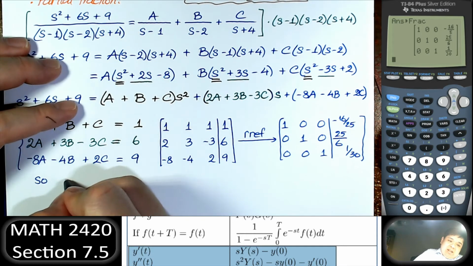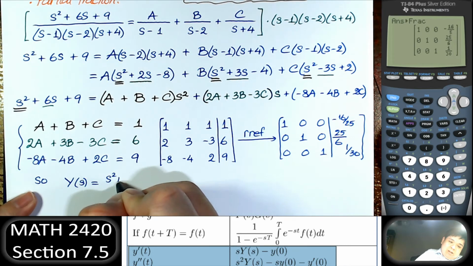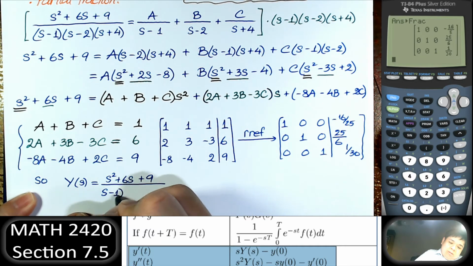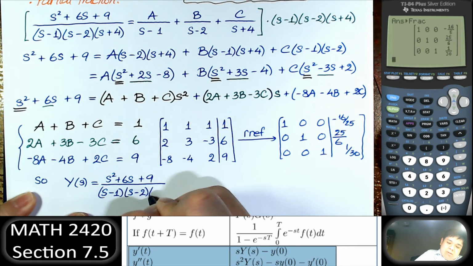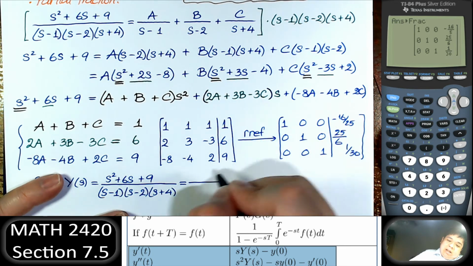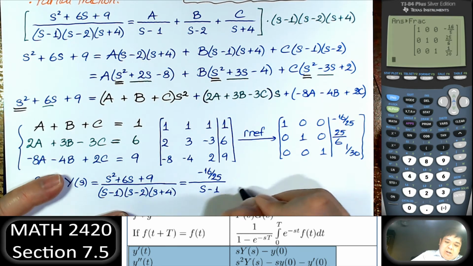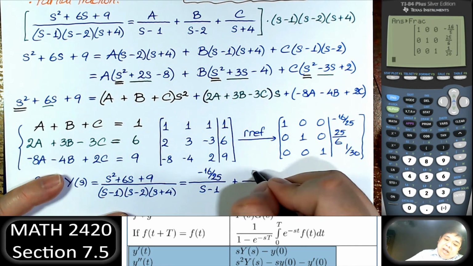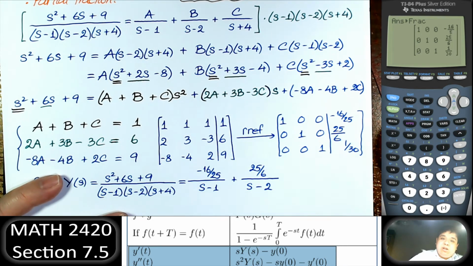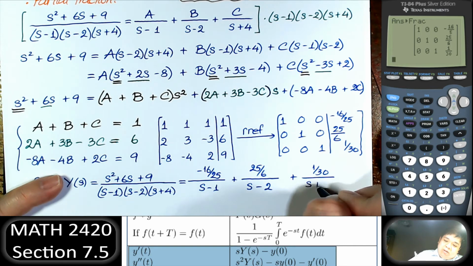So Y of s, actually all this, we can decompose into A, negative 16 over 25 times 1 over s minus 1, plus B, 25 over 6 times 1 over s minus 2, and C, 1 over 30 times 1 over s plus 4.